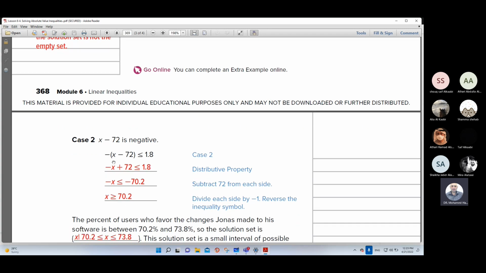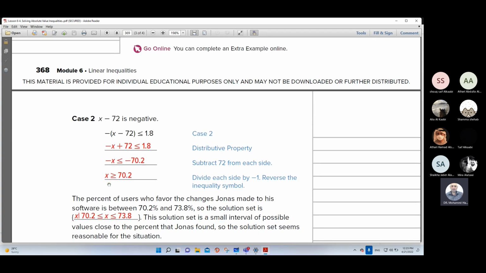Then we can use the distributive property. Negative times x, negative times negative 72 will be plus 72, less than or equal to 1.8. Then we subtract 72 from the two sides. You will get negative x less than or equal to negative 70.2.